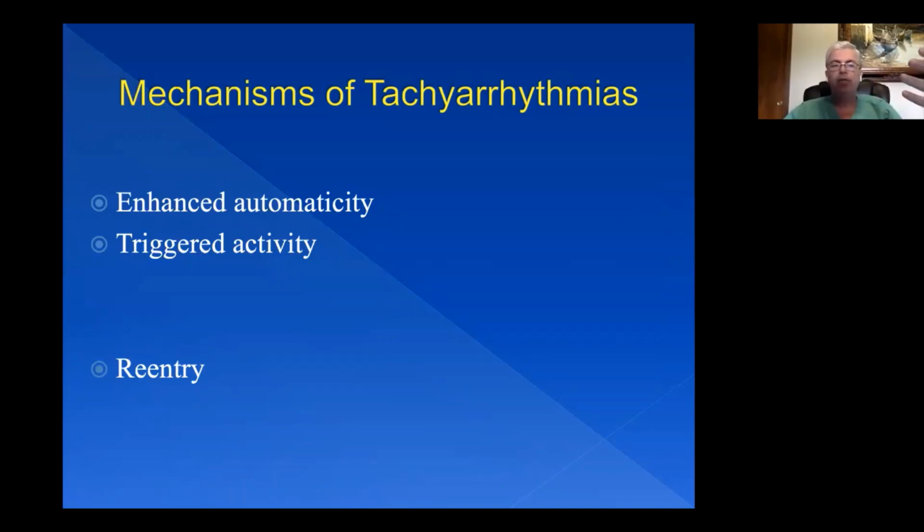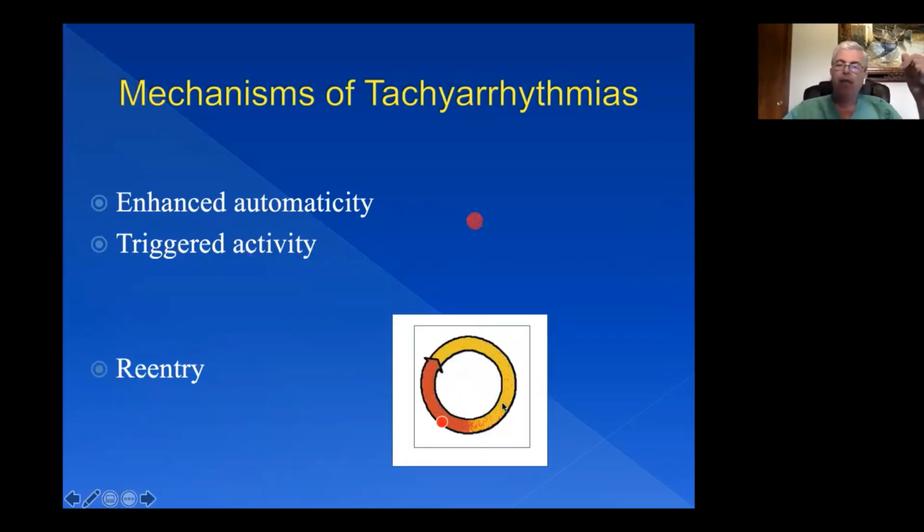Re-entry is basically a reentrant circuit, a wave front of activation that goes through a specific path. And every time it completes its circuit, it gives an impulse that propagates throughout the heart, the chamber where it starts and the rest of the heart.